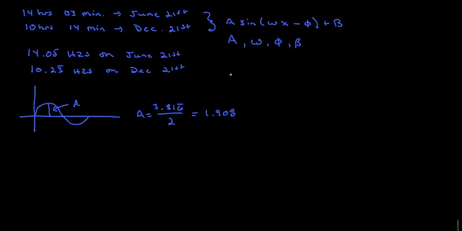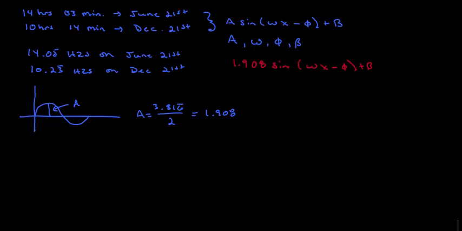So now I've got my A value, so I'm creating my equation up here. I'll write it in red. And I've got 1.908 times the sine of omega x minus phi plus that B value. So the next thing we need to figure out is what is the period?